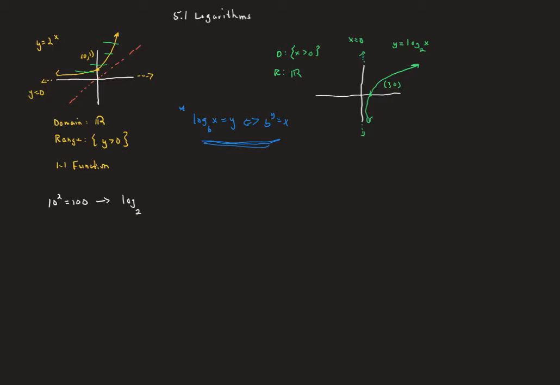It would be the logarithm base 10, so the base of the logarithm is the same as the base of the exponential, of 100 is equal to 2. So again, I will say this many times before we're finished: what is a logarithm? A logarithm is the exponent. It is that exponent that you raise 10 to in order to get 100.